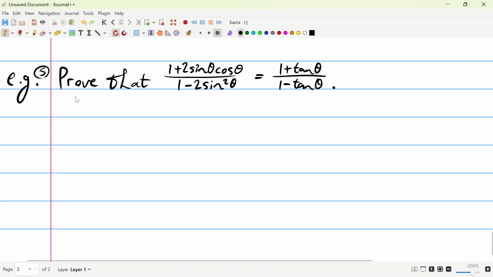Here's the last example that I actually want you guys to try on your own. It says prove that (1 plus 2 sine theta cos theta) over (1 minus 2 sine squared theta), remember there's a 2 here, is equal to (1 plus tan theta) over (1 minus tan theta). Now these are the types of examples where you may have to manipulate both sides.